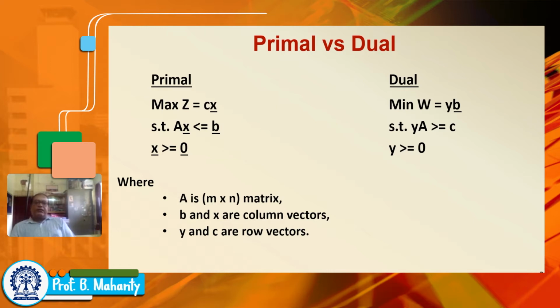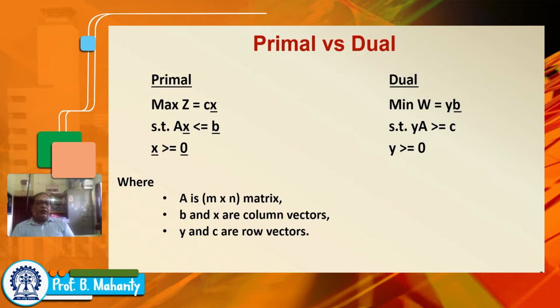For the constraints on the other side, you can see from the individual equations that C is going to be on the right hand side, and it will take the form YA greater than or equal to C. So YA greater than or equal to C will be the corresponding dual constraints.